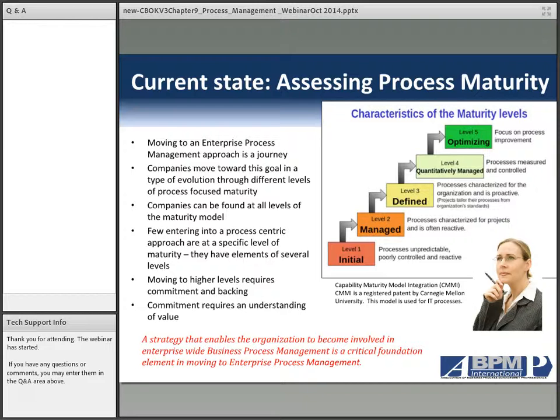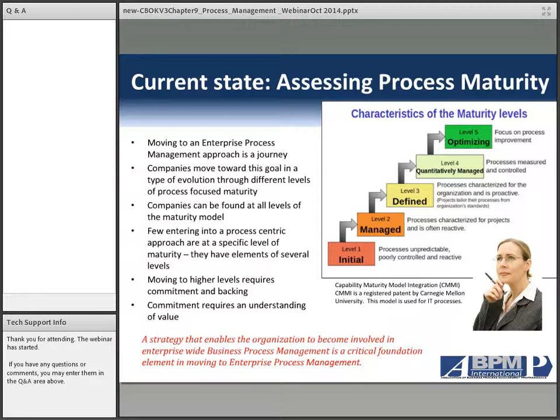you quickly realize that moving through these maturity levels is a journey. And by the time you get to the top level, you're going to find that you have certain capabilities at that level that allow you to continue to evolve further.